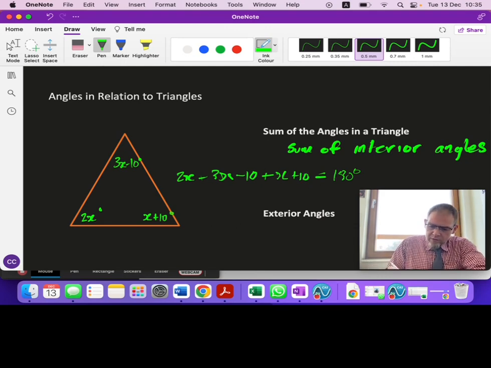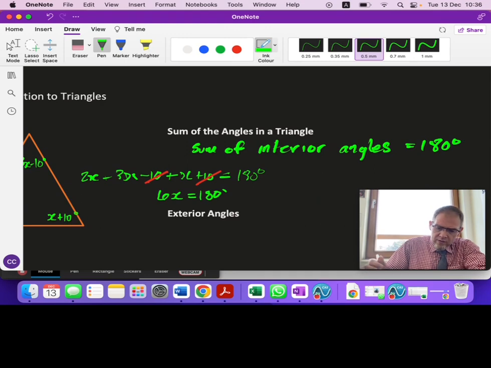If I combine like terms, my negative 10 and positive 10 would cancel, and I'd be left with 2x plus 3x plus one more x, which is 6x, is 180. So dividing both sides by 6, I would end up with x has to be 30.